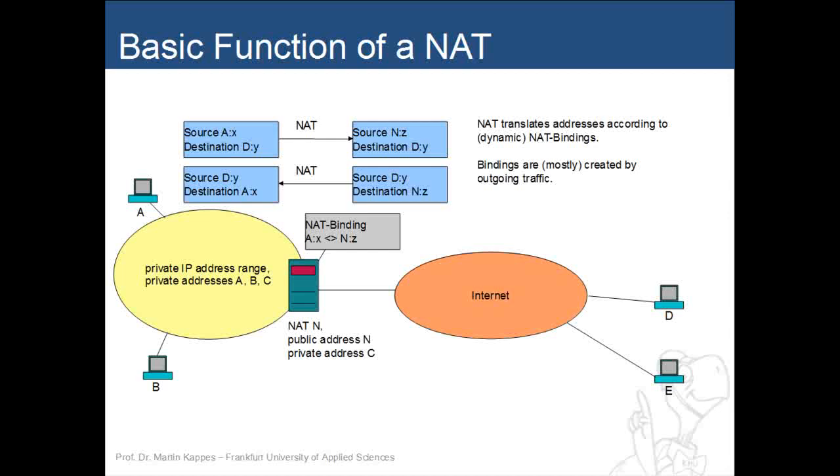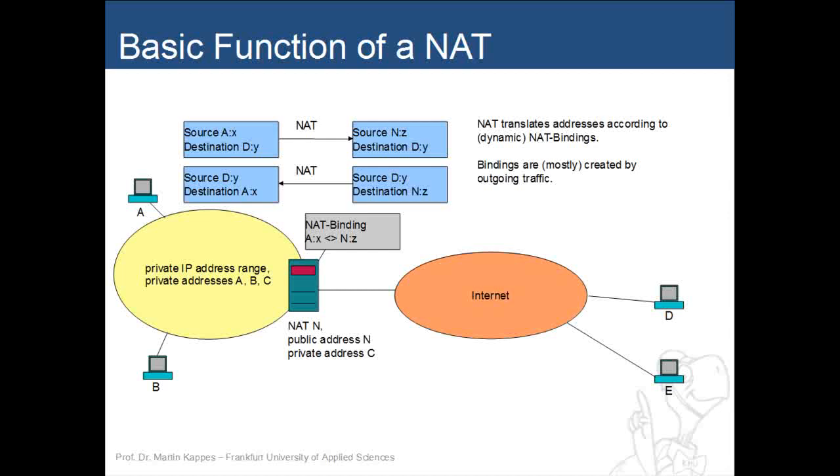Now, of course, there are restrictions on what has to happen in NATs. As you know, each TCP connection within the internet is uniquely identified by the tuple consisting of IP source address, IP destination address, TCP source port, and TCP destination port. If you make such a translation, you must make sure that this unique identification remains intact.